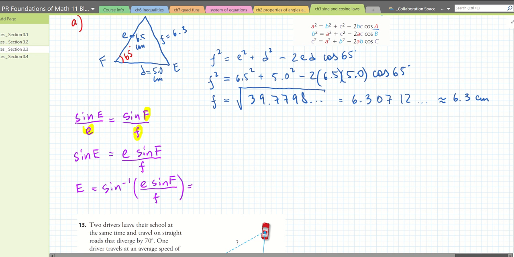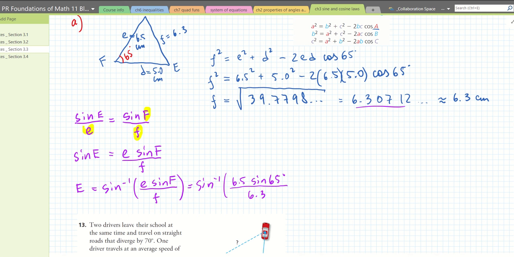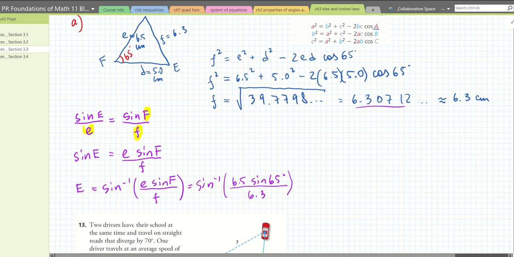Okay, then you can plug in the numbers. Sine inverse of e, which is 6.5, times sine F, which is sine 65 here, divided by f, which is 6.3. And in fact, I probably want to use the unrounded number there instead of 6.3 because it's going to give me some rounding error. Or if you still have it on the calculator, you might want to use that. And then close the bracket.